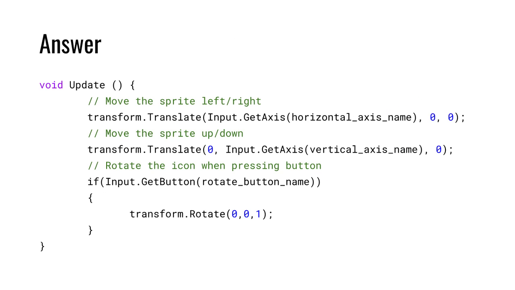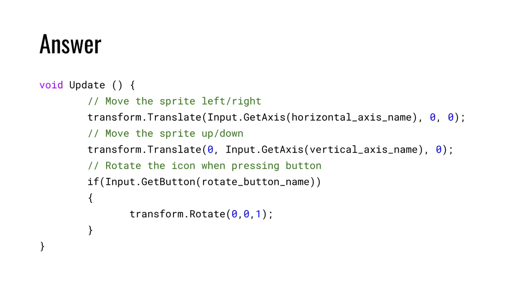So this is an example of what it could look like. Our first line is transform.translate, and then our getAxis function. You know that the getAxis function is going to output basically anywhere from -1 to 1. If we put that directly into our translate function, then we're translating every frame by the output of getAxis, and that gives us our desired behavior.